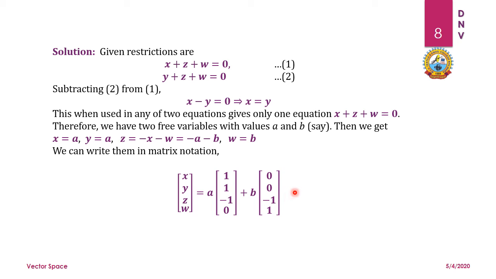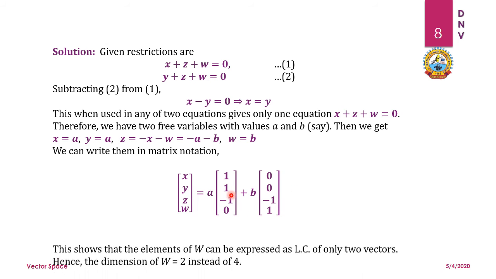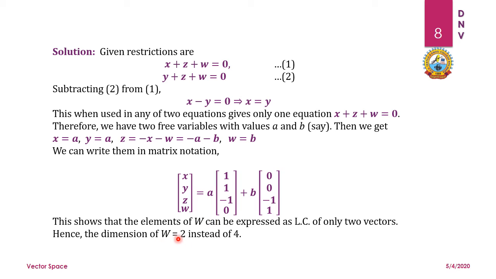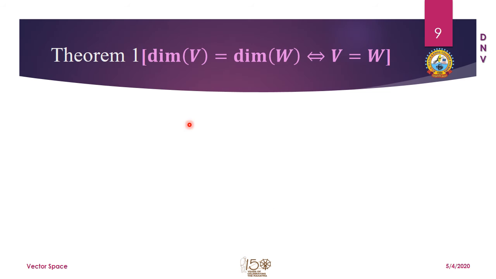It would have been 4, but these 2 restrictions have reduced the number of vectors in the basis, and hence we say that the dimension of W is 2 instead of 4, because we have expressed the element as a linear combination of only 2 vectors. So I think this is an example which will be of great help for you to understand how the dimension of a vector space gets reduced when there are some restrictions.